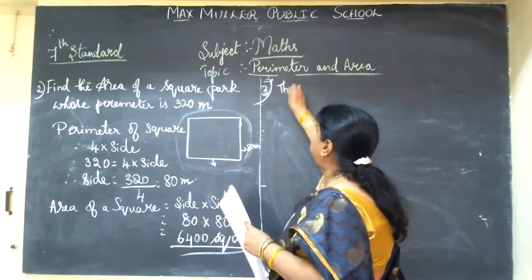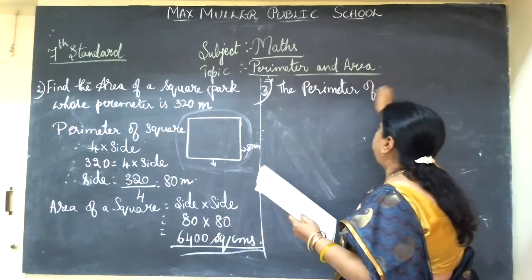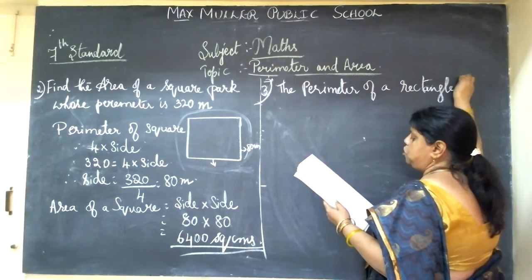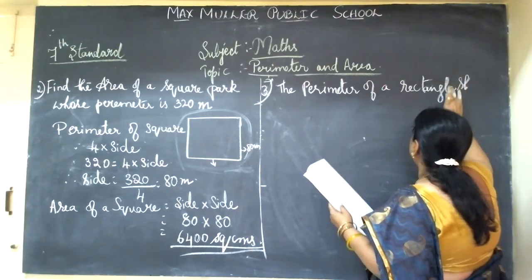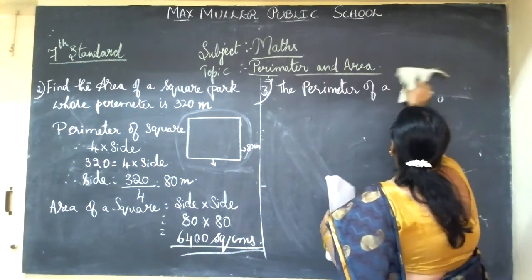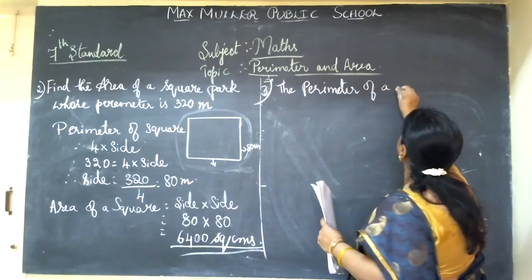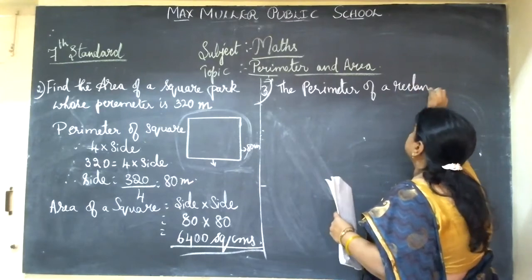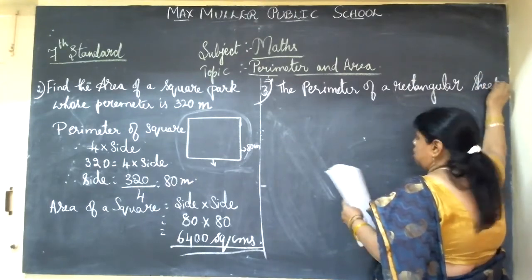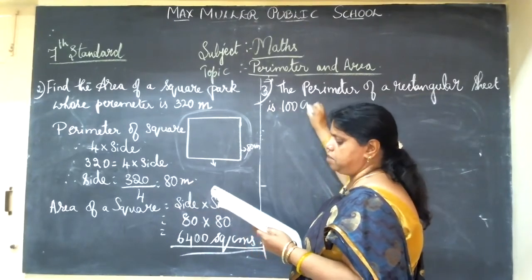Now, the third one. The perimeter of a rectangular sheet is 100 centimeters.